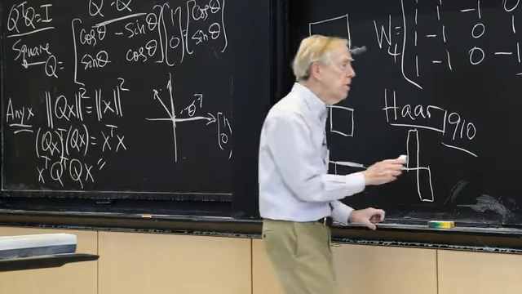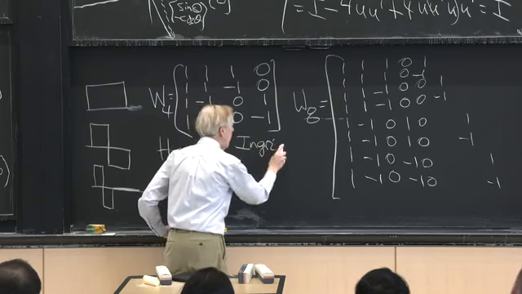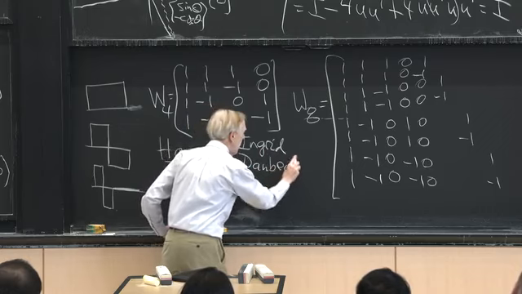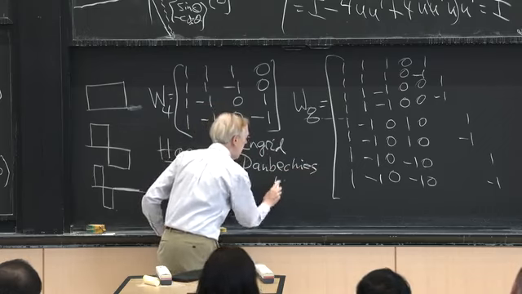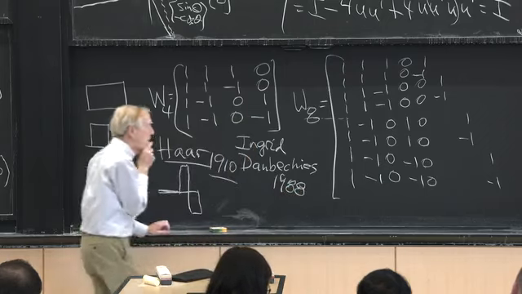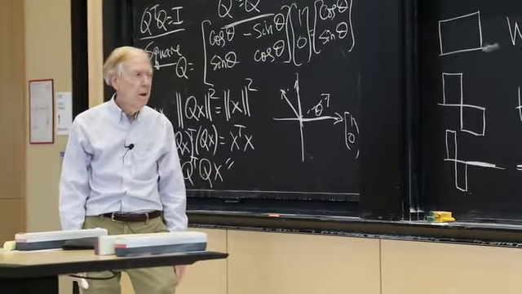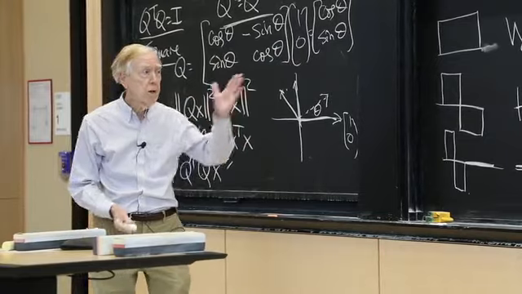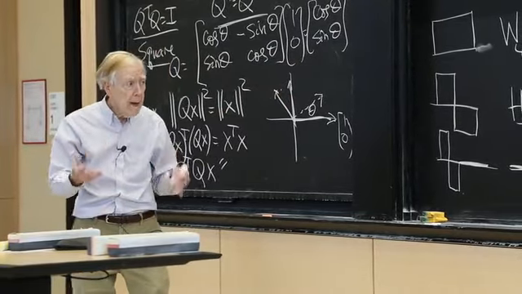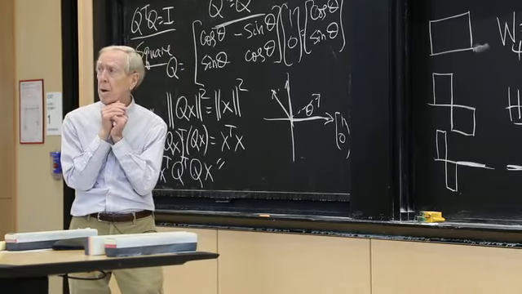And Ingrid Daubechies, so I'll just put her name, became famous for finding them. In about 1988, she found a whole lot of families of wavelets. And when I say wavelets, she found a whole lot of orthogonal matrices that had good properties. Yeah. So that's the wavelet picture.